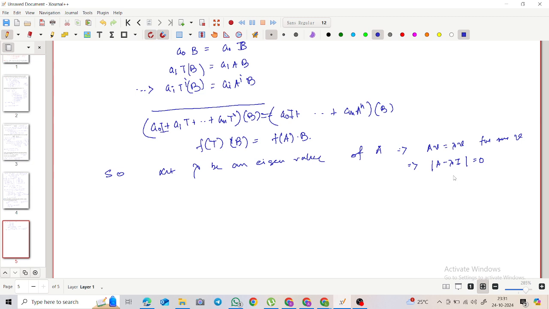I have to show that P_T(lambda) is also 0. That's what I have to show: P_T(lambda) is also 0.